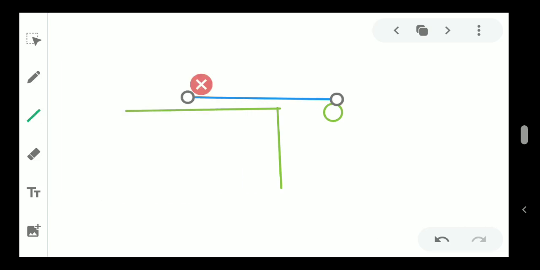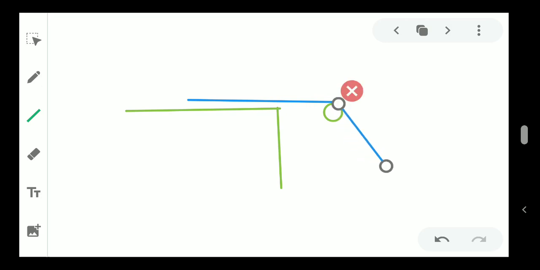So a thread is coming to this pulley, and it is going from here, and with this thread something is rotating.